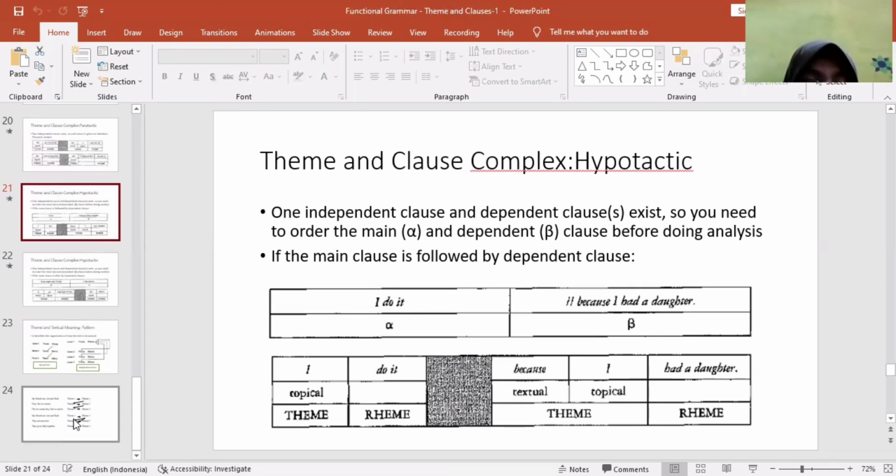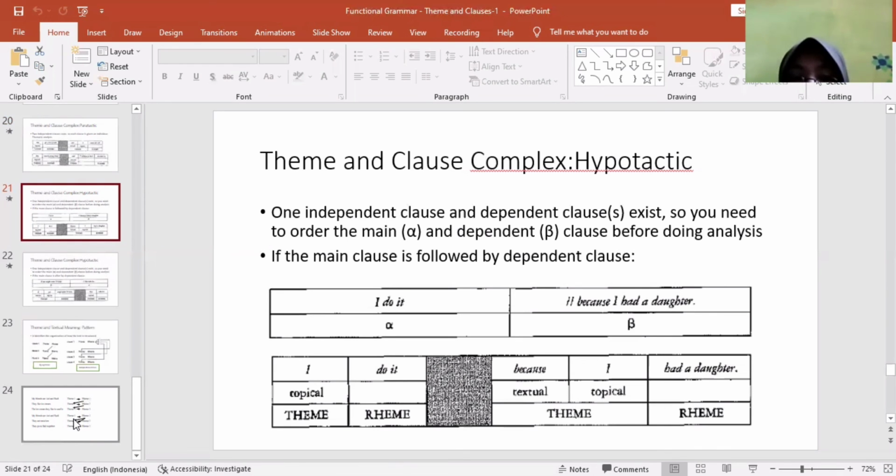Hypotactic sentence construction uses subordinating conjunctions and relative pronouns to connect a sentence's main clause to its dependent element, explicitly defining a clear connection and order between the clauses through syntactic subordination. Hypotactic sentences establish a hierarchy of importance, essentially ranking each clause. Where an independent clause exists, you need to order the main clause: A is independent and the dependent clause symbol is B, before doing the analysis.